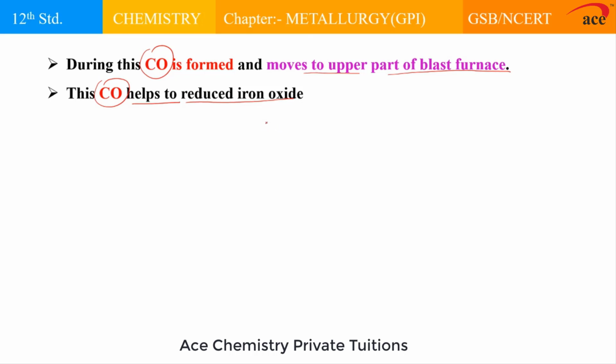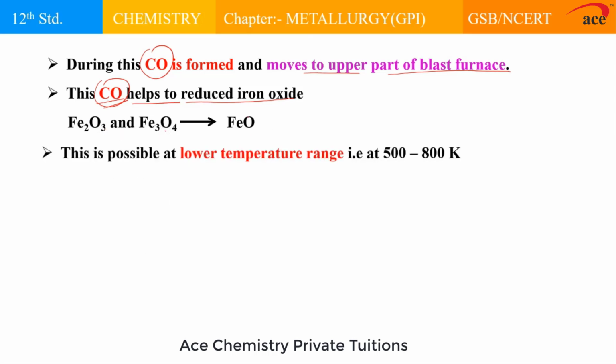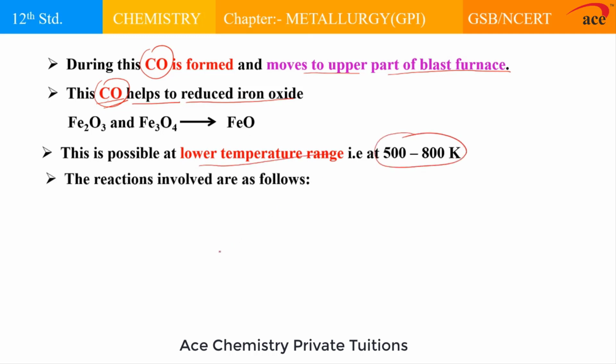Please remember, oxide of iron is reduced two times. First time it is reduced by coke, that is carbon, and the second time it is reduced by what? Carbon monoxide. So if you will see, Fe2O3 and Fe3O4 get reduced to what? FeO. This is possible at the lower temperature range of about 500 to 800 Kelvin.